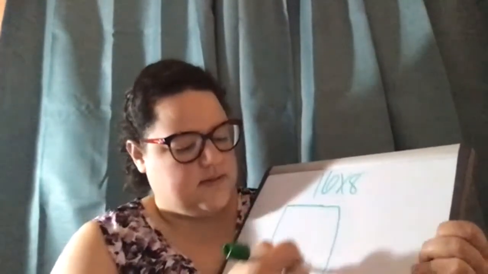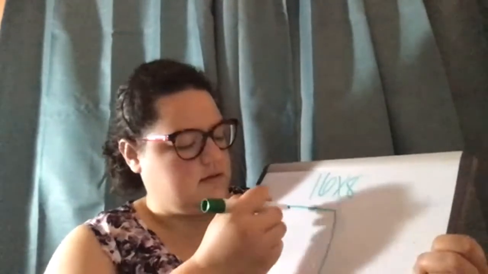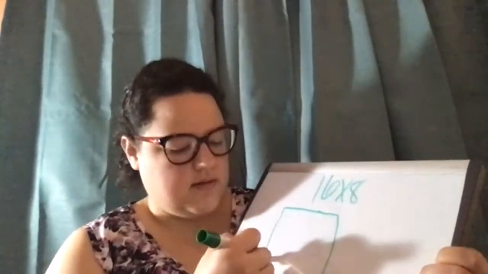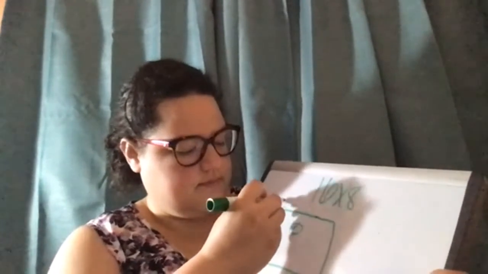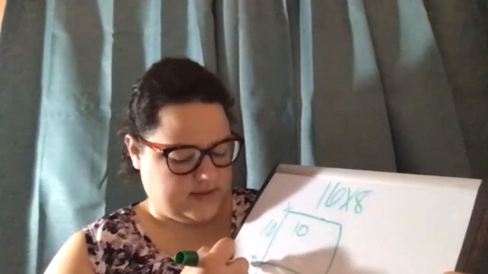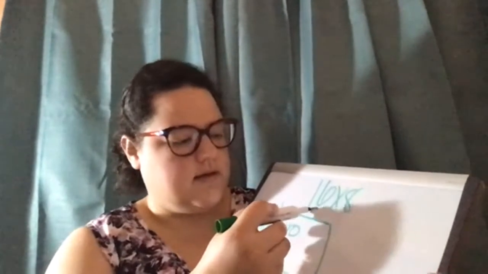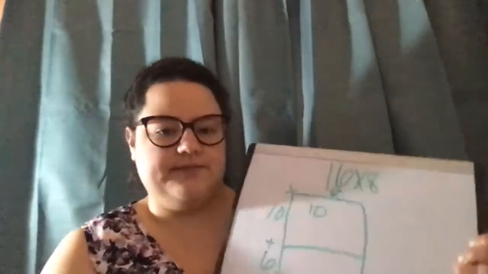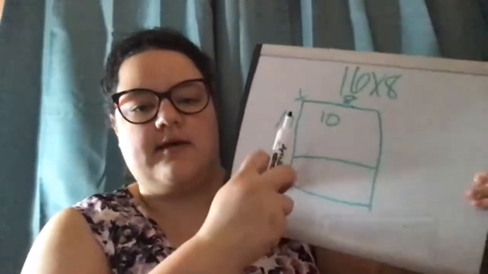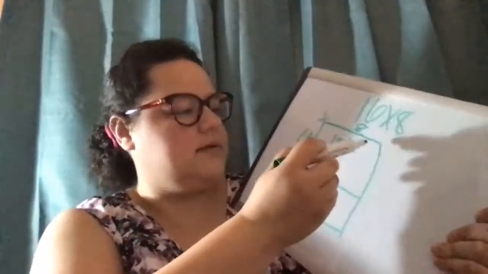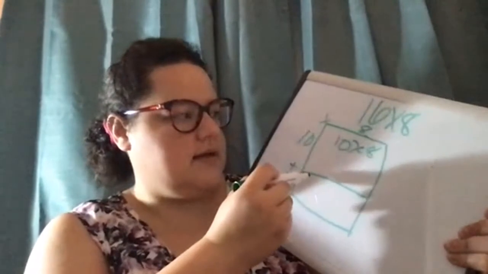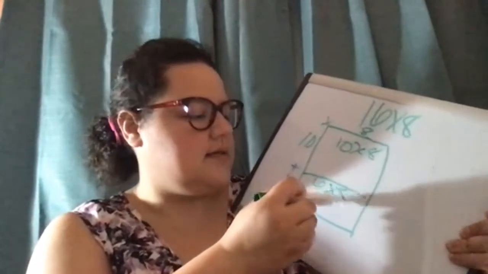We have our 10 plus our 6, our 8 on top. So we have 16 by 8. And put 10 times 8 up here and 6 times 8 down here.